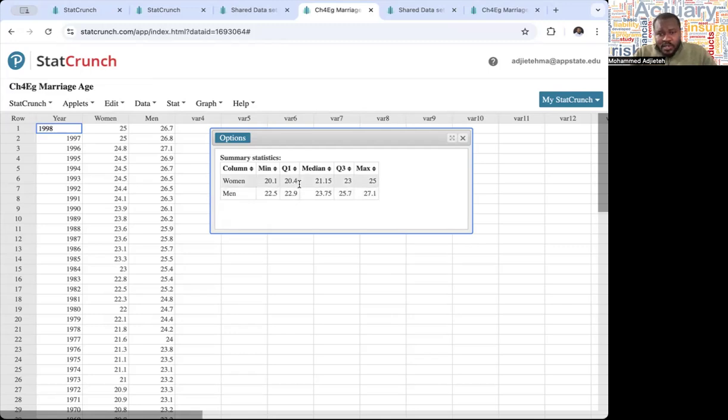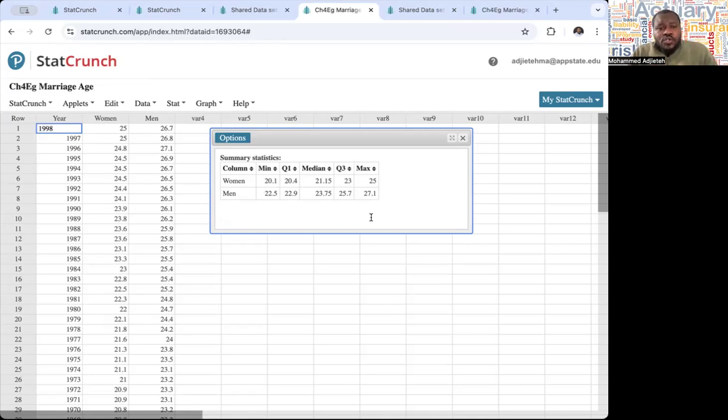We can also see both the Q1 and Q3 for both of them. So this is how to produce the summary statistics, the 5-number summary. We're done with that.